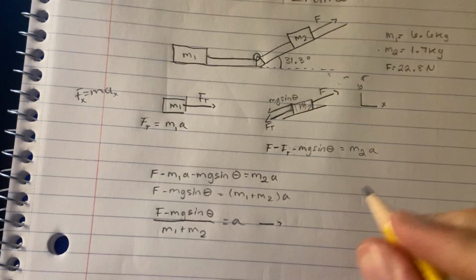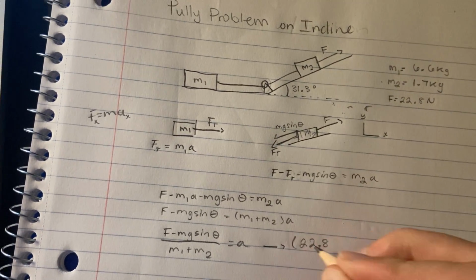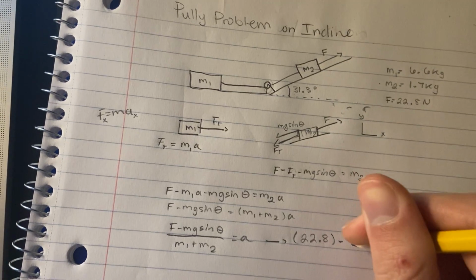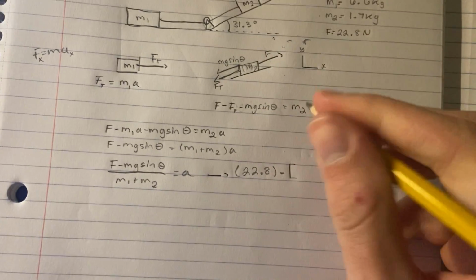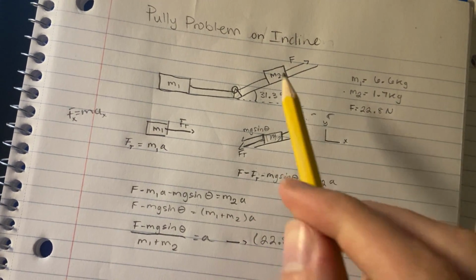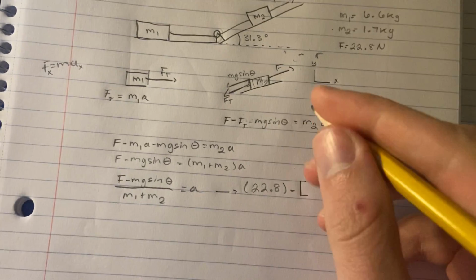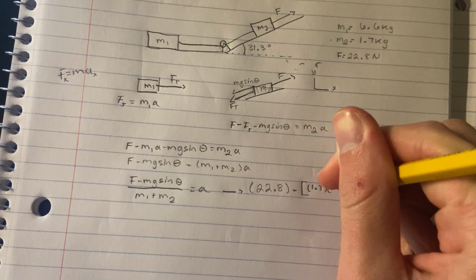So F we have is 22.8 newtons minus, we'll put big brackets here, mg, so mass times gravity, and this is the mass of m2, by the way. So we're going to do 1.7 times 9.8.